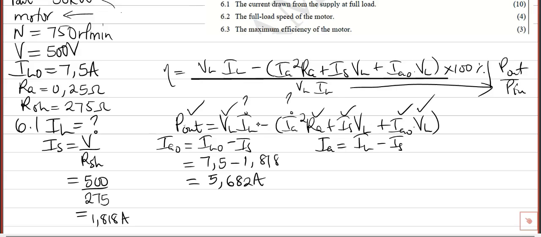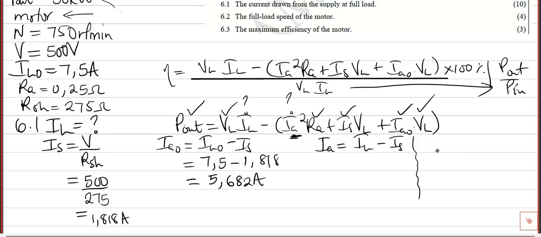From this equation, you would either want to make IA the subject, so that later on in this whole equation for PL, you say IL minus I shunt, so that you don't have two unknowns but rather have one unknown. The alternative would be to make IL the subject from this equation.